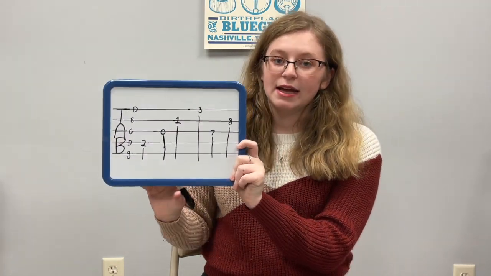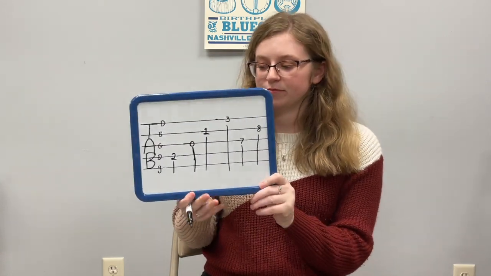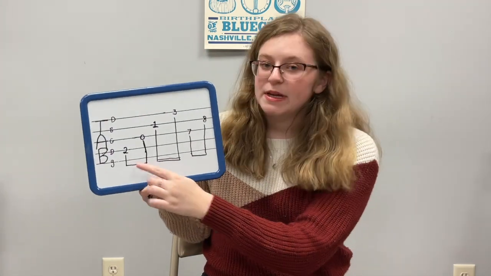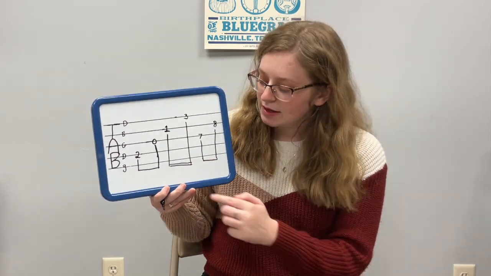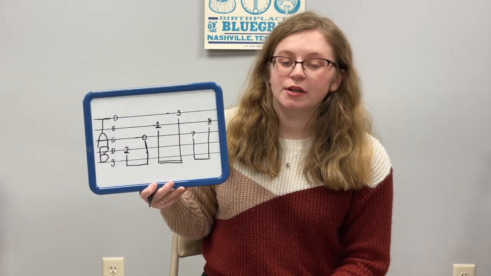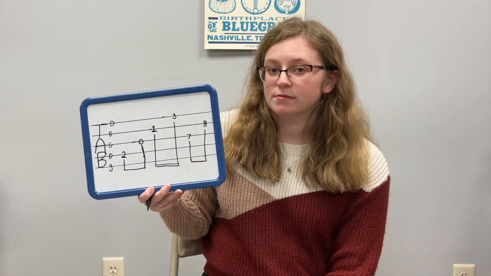Now a beam connects two stems, two notes together. A beam is the horizontal line that connects the stems together. One beam means an 8th note. 2 beams mean 16th notes.